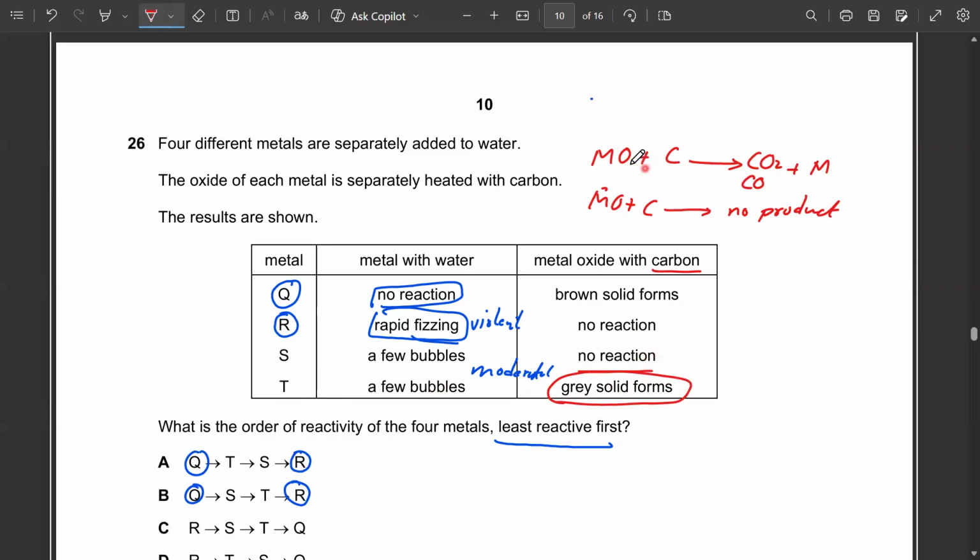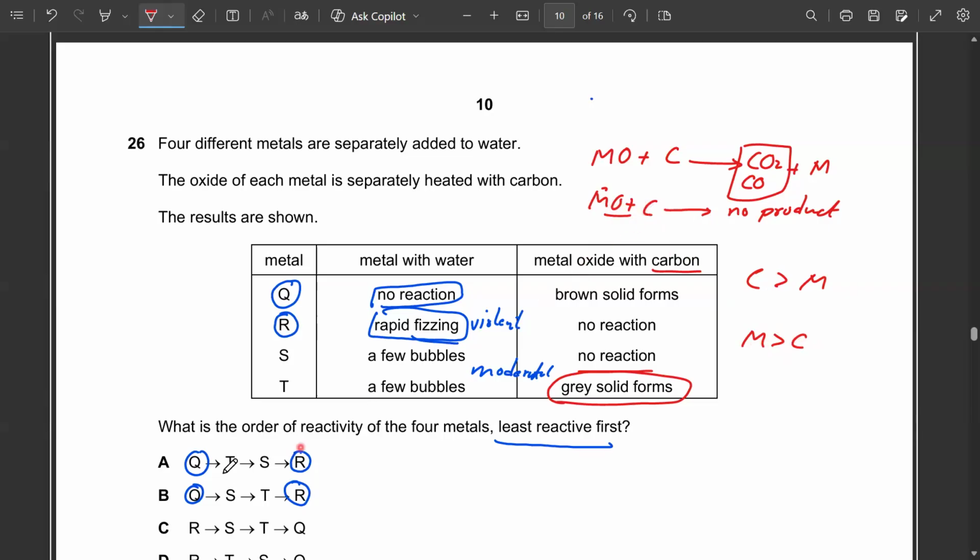We just have to look at this: if carbon is more reactive than the metal, then only in that scenario will it form the product. But if the metal is more reactive than carbon, then it will not let the oxygen separate from the metal. It will not let the oxygen out of the compound to react with the carbon.